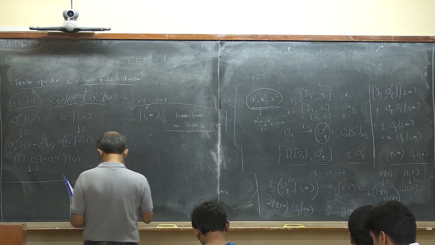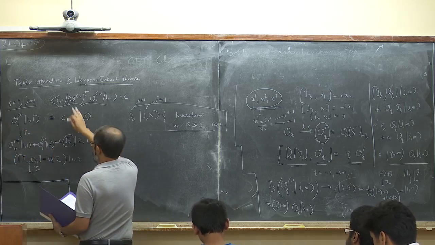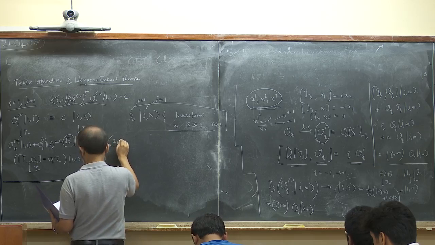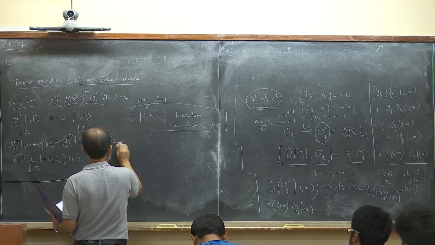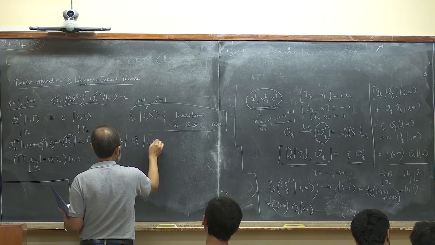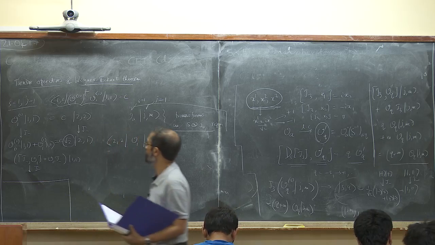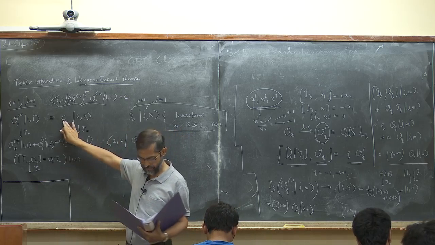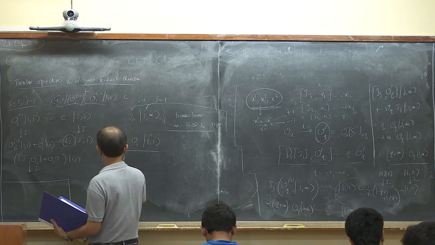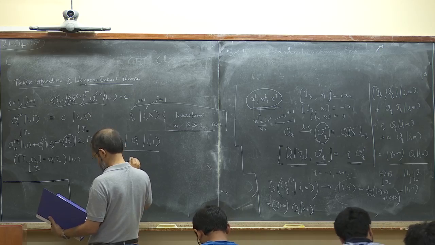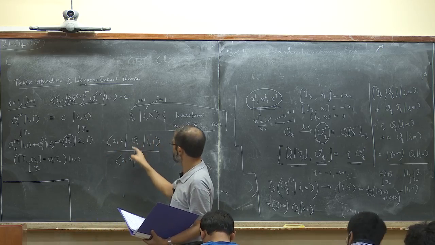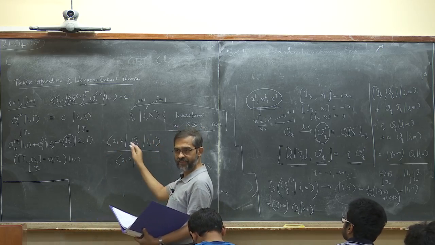So let me just write that down. This stuff can be summarized to say the following: 2, 2, O1, 1, 1. So that is C, divided by 2, 2. And here now I replace this by the state that it represents.